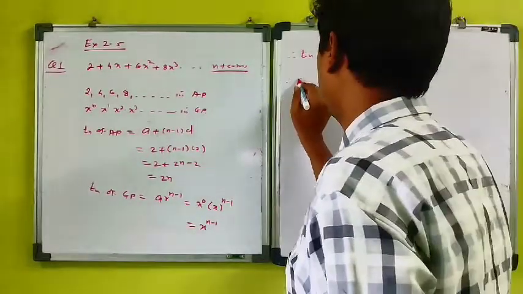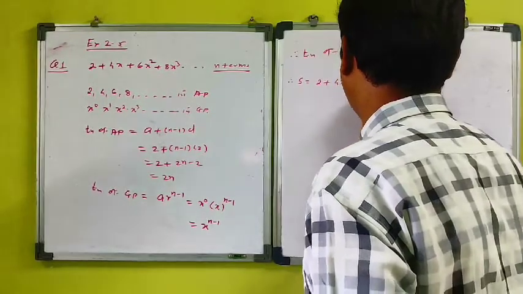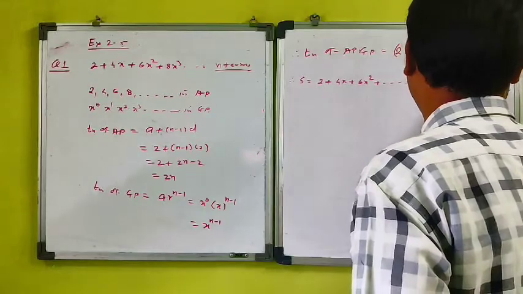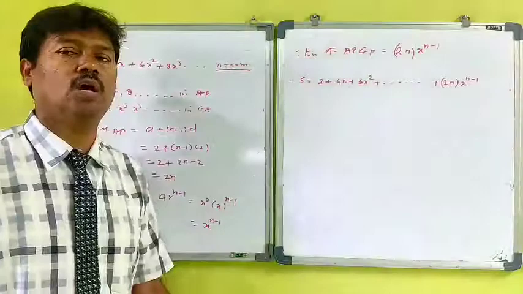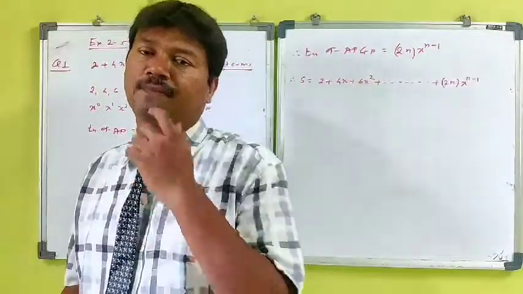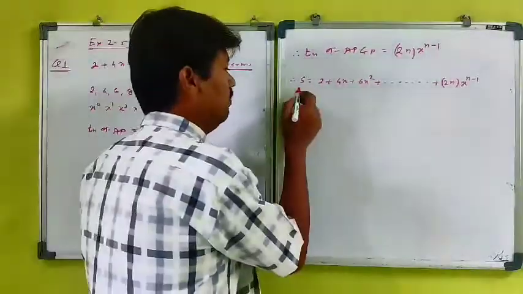Therefore, we can write s is equal to 2 plus 4x plus 6x squared plus and so on up to 2n x to n minus 1, like this. Then you have to follow the method: multiply s with the common ratio, that is x.